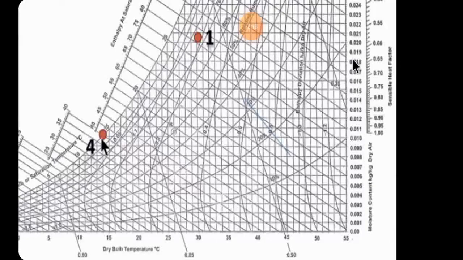So W1, the specific humidity, the symbol is W. You can see that the value lies between 0.20 and 0.21, so you can just take the value 0.205. And for W2 you can just take the value 0.010.